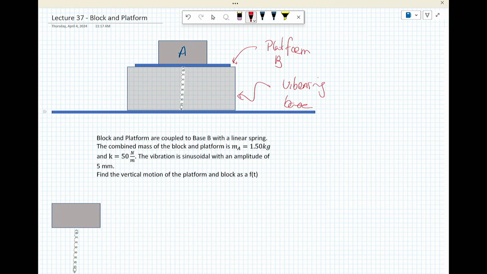And so you spend a lot of time attaching scales to things and making sure that things are not moving and confirming that you're measuring what you think you are. So block and platform are coupled to base B with a linear spring. The combined mass of the block and platform is 1.5 kilos, and K is equal to 50 newtons per meter. Vibration is sinusoidal with an amplitude of 5 millimeters. Find the vertical motion of the platform and block as a function of t.